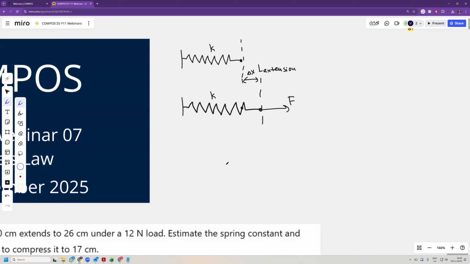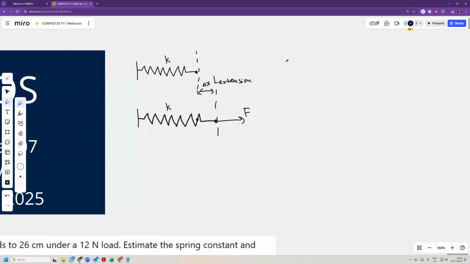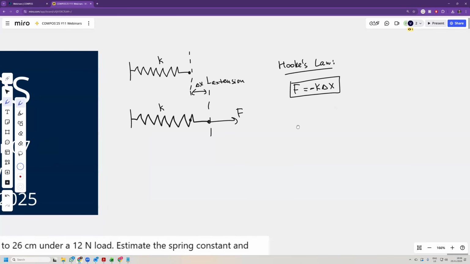Lovely. And Hooke's law basically says that force is k times x. I would normally say minus k delta x, because it's the force inside the spring. The spring pulls back. If you pull the spring one way, the spring pulls you back, and that's why it's negative.